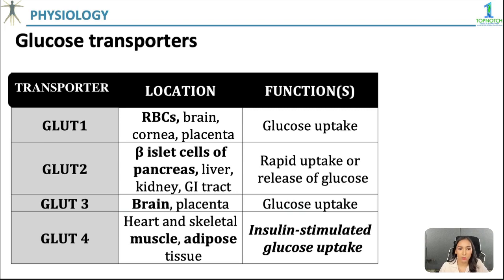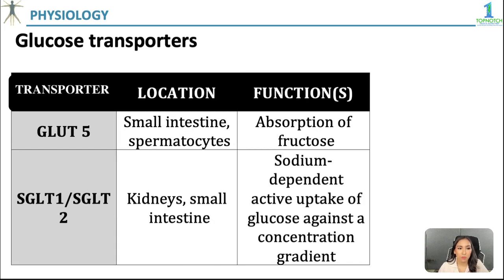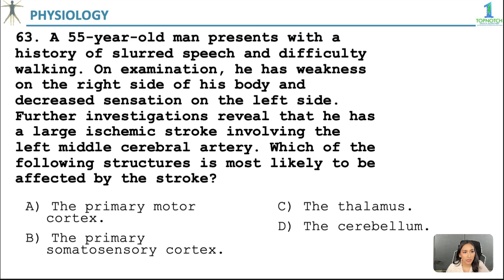It's in muscle and adipose tissue and it is insulin stimulated, insulin dependent. While GLUT5 is in the small intestines and spermatocytes, and this is also unique because it's for the absorption of fructose. While SGLT1 and 2 are in the kidneys and small intestine, and it's sodium dependent active uptake of glucose against a concentration gradient.